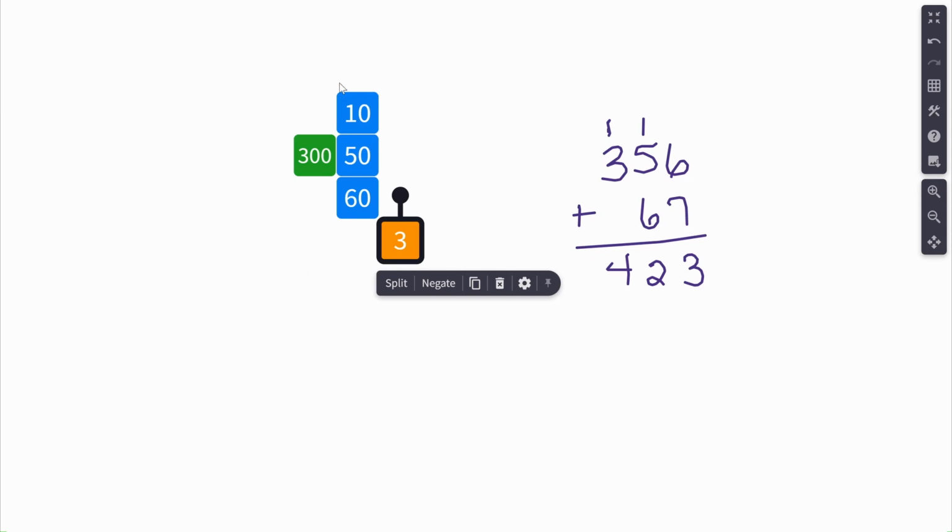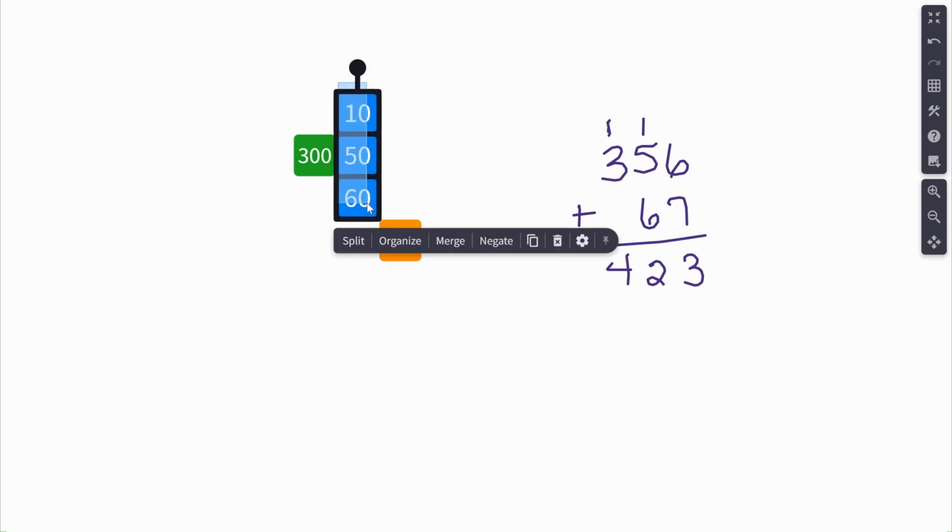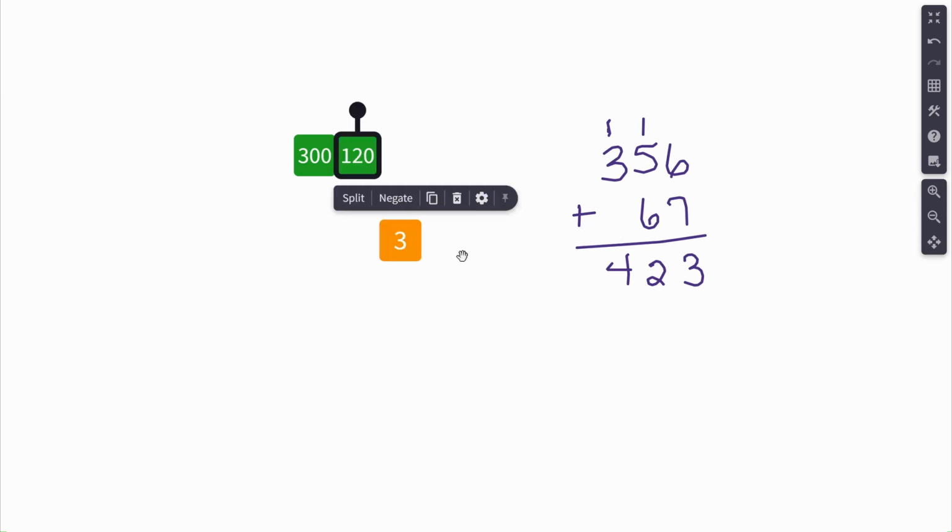And now what's going to happen if I add the 10, the 50, and the 60? So I have a group of 10 plus a group of 50 plus a group of 60. It's going to add up into 120. Now it turned green because I've gone over 100. And if I split this, I'm going to see that 100 plus the 20. So here's my 20.